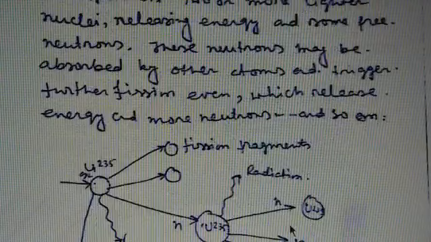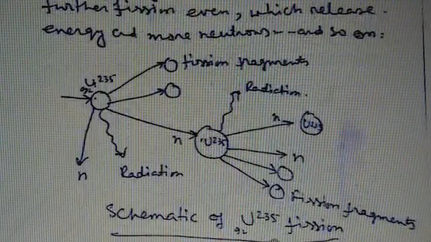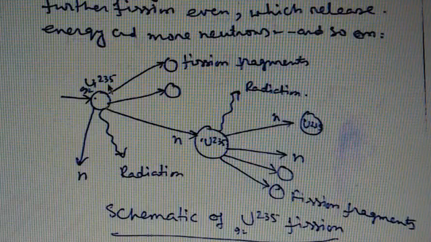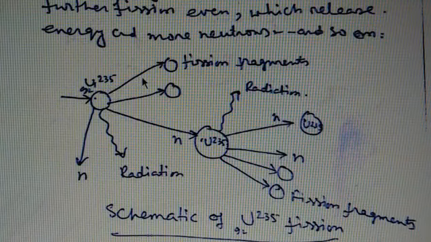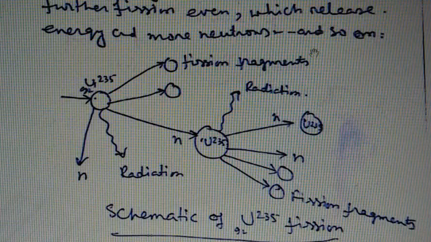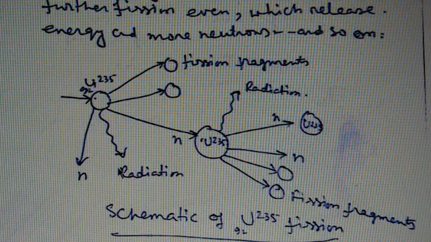Now, the schematic diagram of uranium fission. So this is the uranium 235. And here the neutrons are released from the atom, and that is the radiation. Due to the radiation, tremendous heat will be developed, and these are the fission fragments.